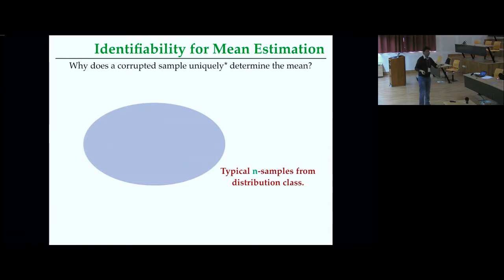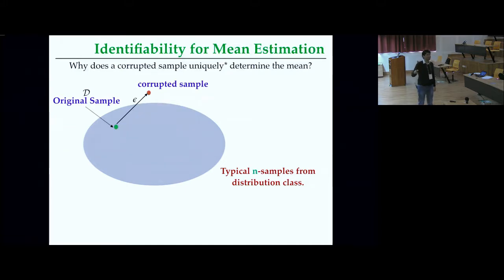You should imagine this to be the set of all typical samples that you can get from any distribution in the class you care about. Okay? So what you get is some sample here. It was generated according to some model. Then some adversary corrupted an epsilon fraction of the samples and pushed you out to a point, this red point outside.